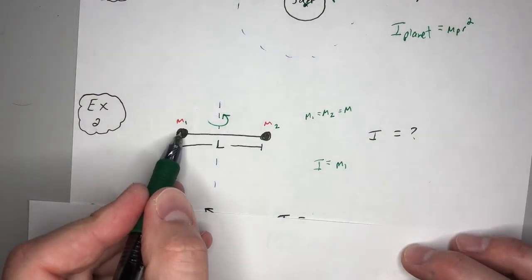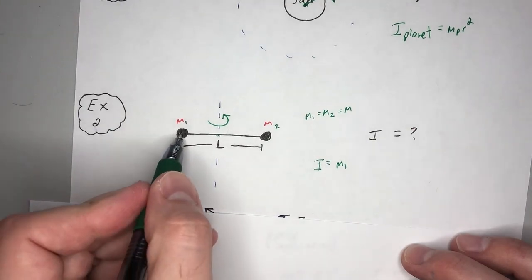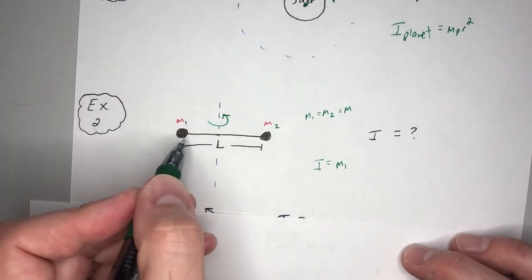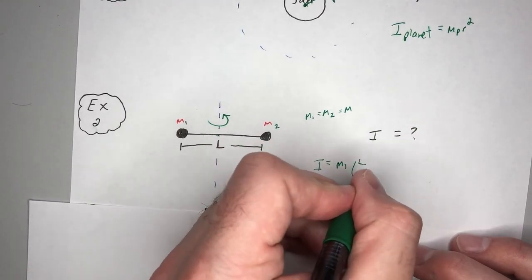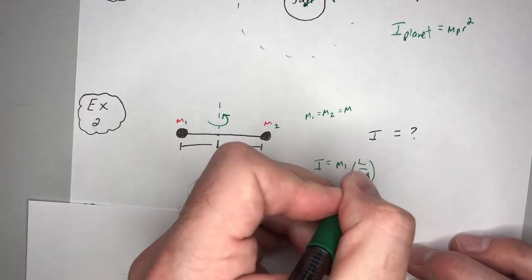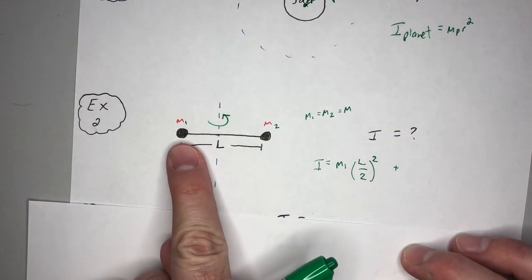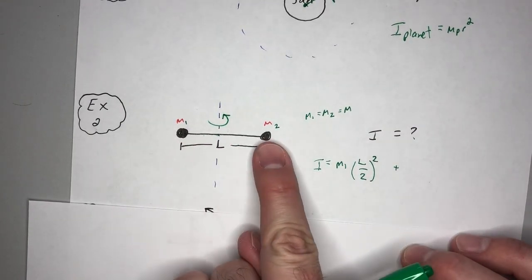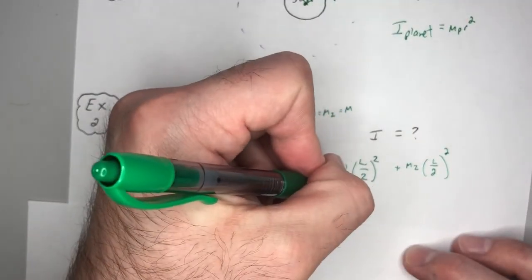Now m1 is how far from this axis of rotation? This whole length is L, and the axis is right down the middle, so the r value here will be L over 2, half the length of the rod, squared. Plus, that was the contribution of that point mass, plus this point mass right here, m2 times (L over 2) squared.